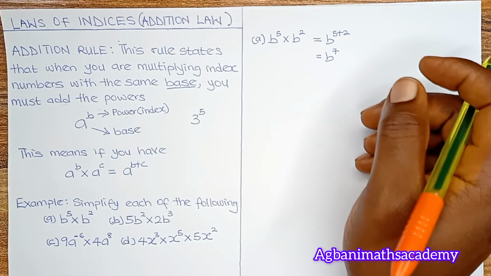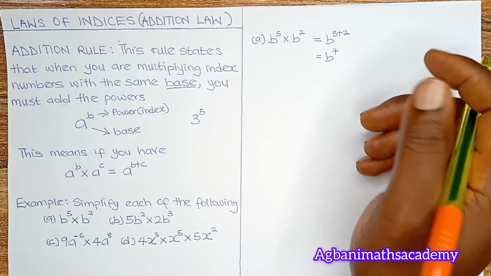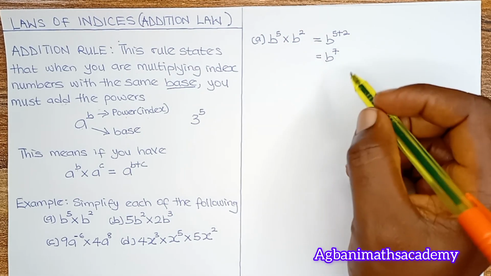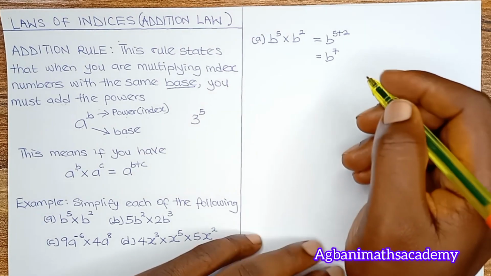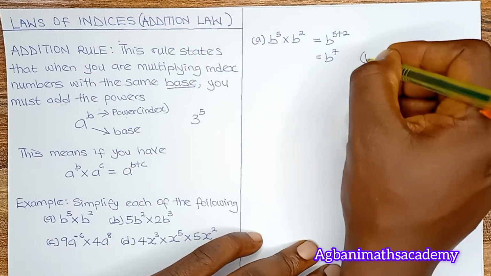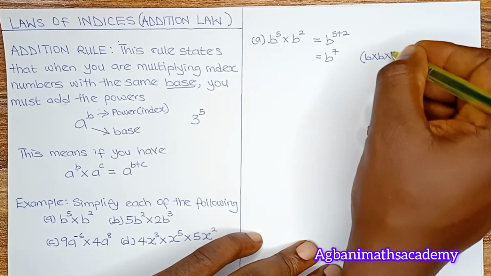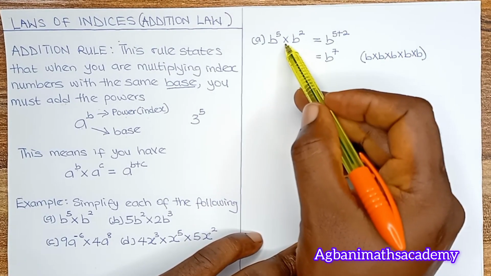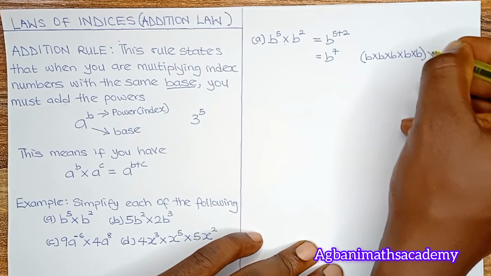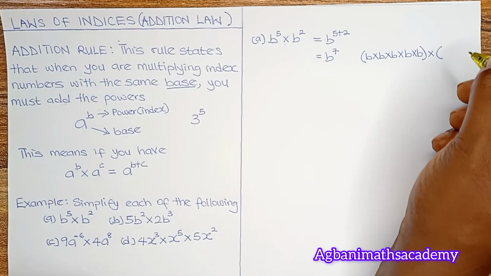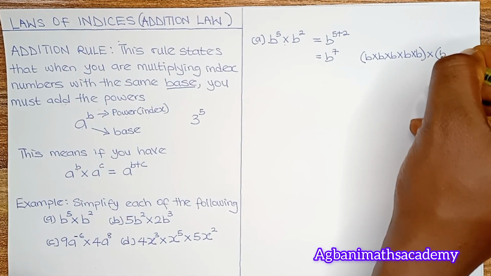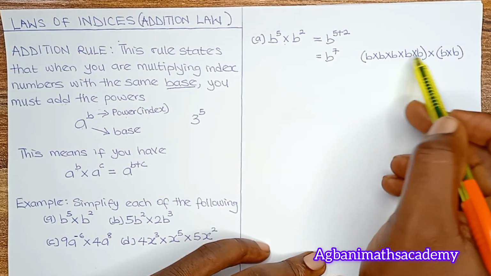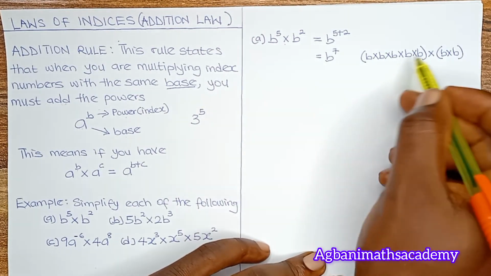That becomes our answer. To confirm this, we can simply expand b to the power of 5. B to the power of 5 means b is multiplying itself 5 times. So this is b multiplied by b multiplied by b multiplied by b multiplied by b, and it is being multiplied by b to the power of 2, which is b multiplied by b. Since we have multiplication all through, we can just remove the brackets.